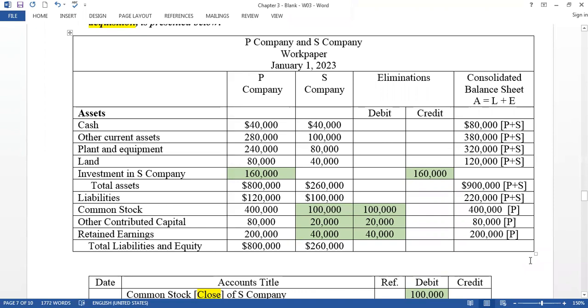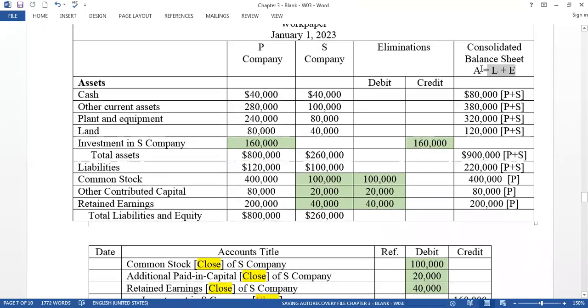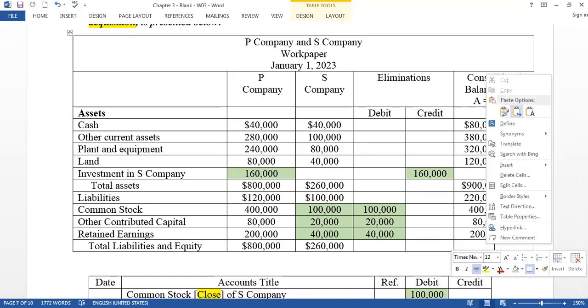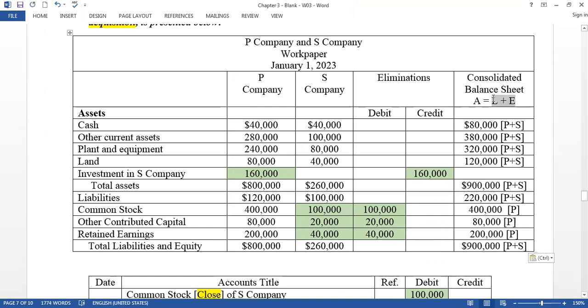Okay. So we fulfill this requirement: asset equal liabilities plus equity. And this is the liabilities and owner's equity. So asset equal, you can see that liability plus owner's equity. The total asset equal liabilities and the owner's equity.